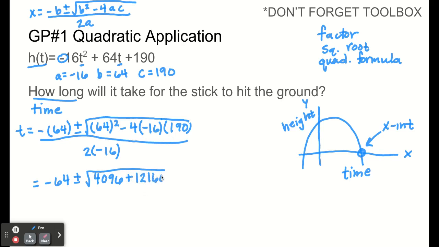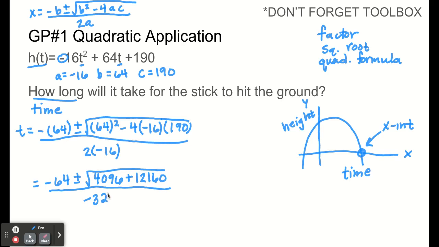12,160. Now, something to keep in mind when you're looking for the x-intercepts, the stick is going to hit the ground. Therefore, our parabola is going to intersect the x-axis, which means we should not get imaginary solutions with these real-world application problems.